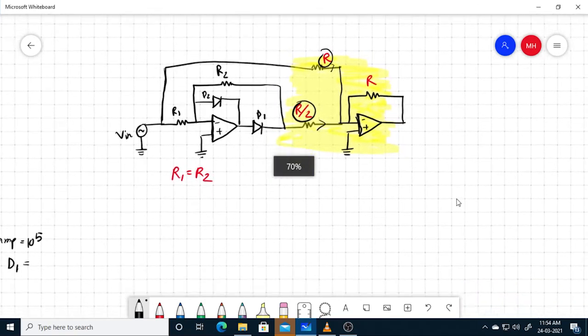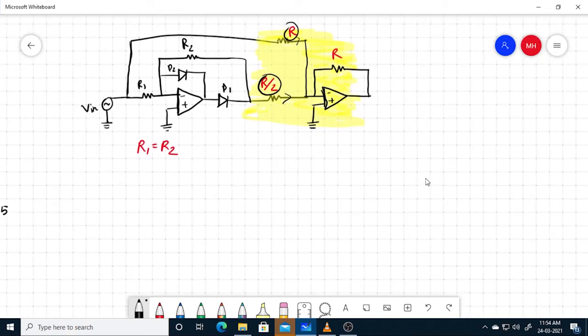Let me zoom out for it. Okay, so for our circuit, we'll examine the input and the output.